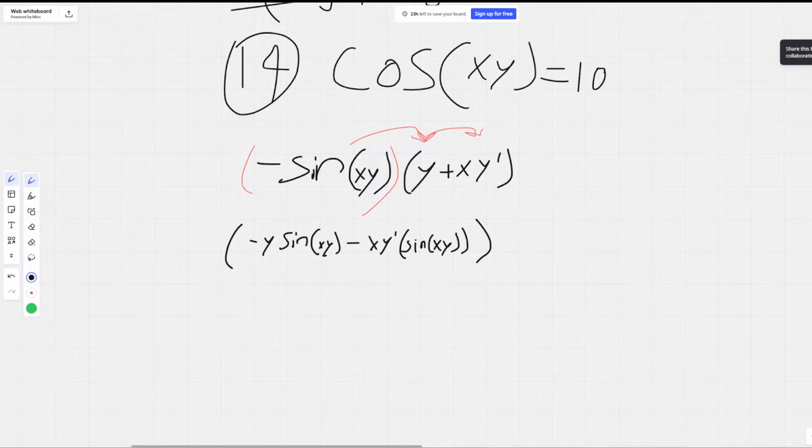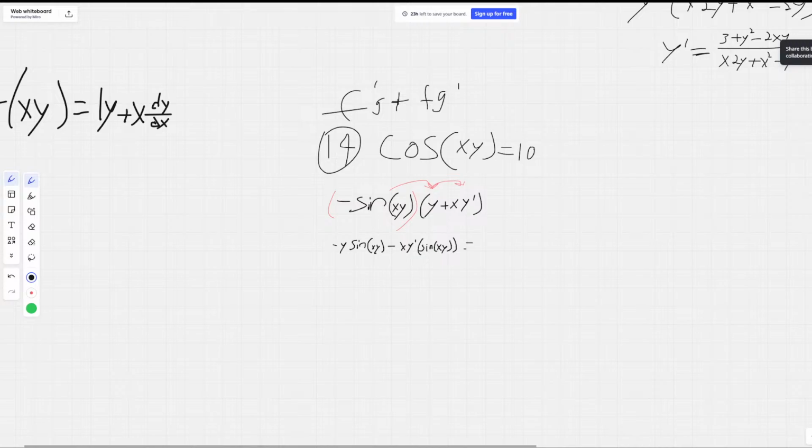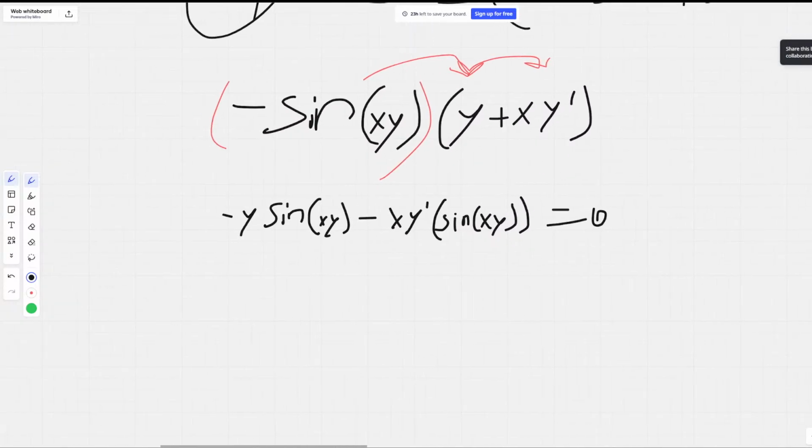Yeah, so on that note, don't do that. That messed me up last time, and I just did that just because. This is the one with x, y prime, so we can take all of this that is equal to 0 and move it over.